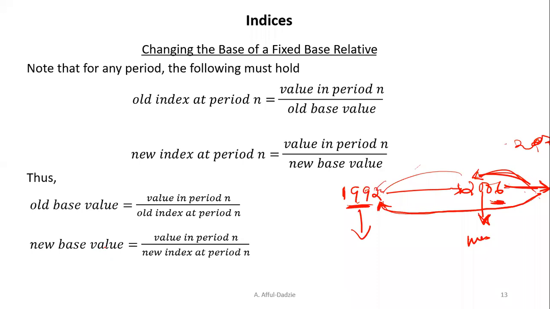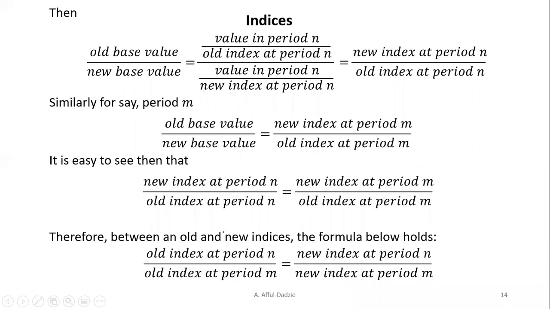And if you're using the new base value, you do the same. So we take a ratio of the old base value and the new base value, and you're going to have a fraction on a fraction. It's like the value in period n divided by the old index value at period n, all over the value in period n divided by the new index value at period n.